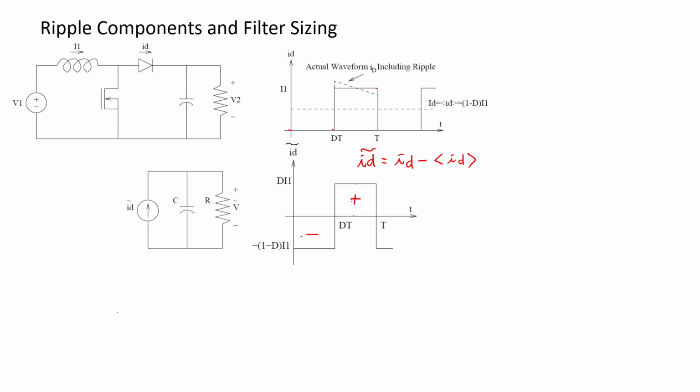So this 0 is offset to minus the average value, and I1 is offset to this value.